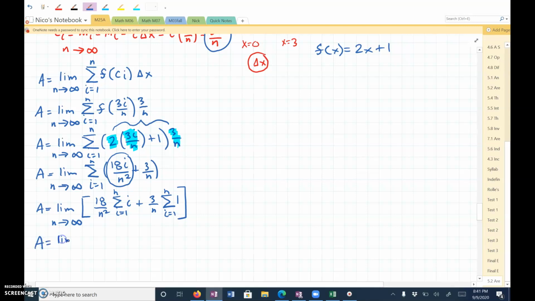And then we have the limit as n approaches infinity. And this would be 18 over n squared. The sum of i, we know, is n times n plus 1 all over 2, plus 3 over n times 1 times n, so that's going to be n.